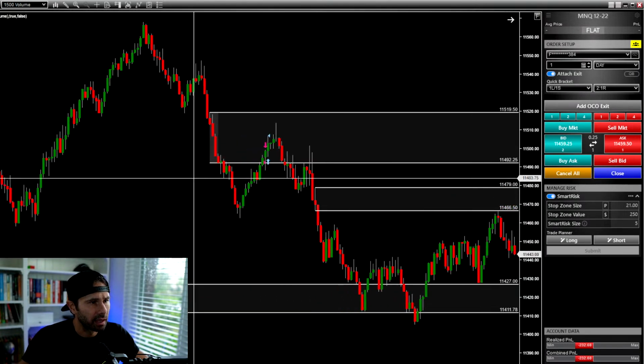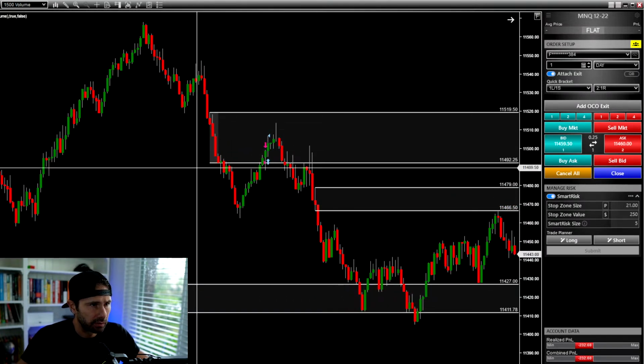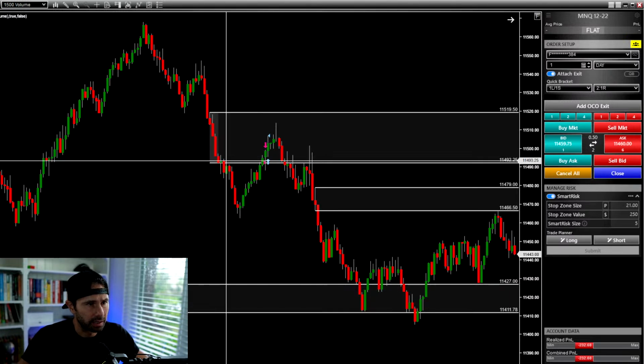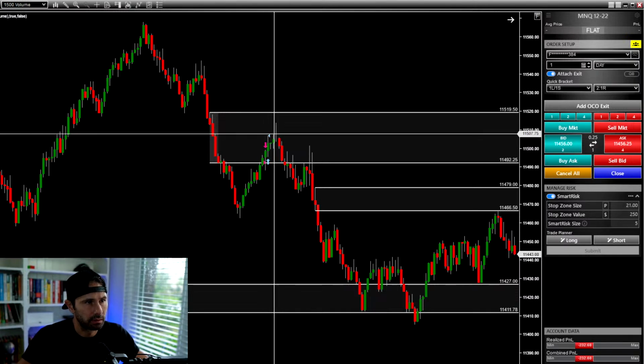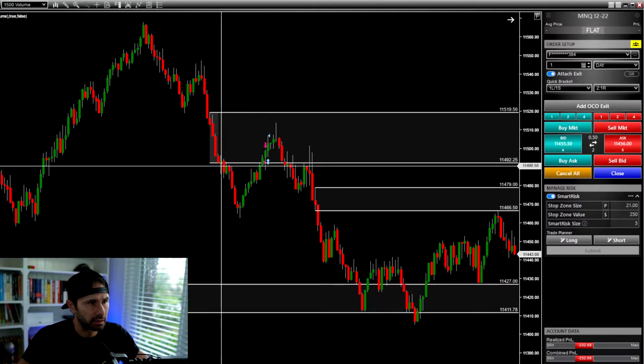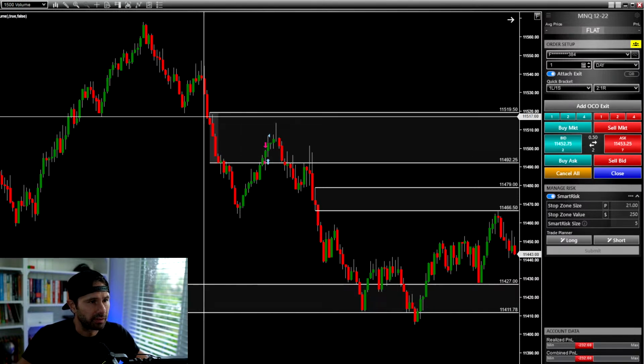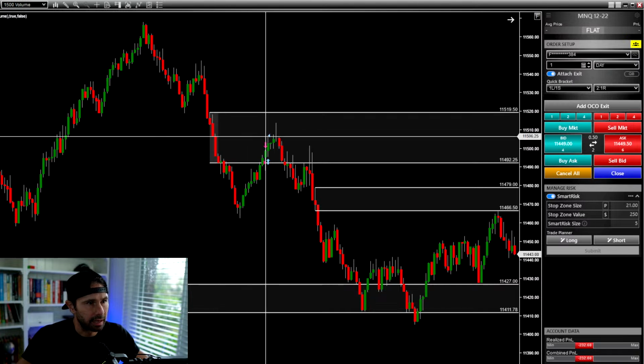So my mistake here, and I'm just pointing this out because it was not a bad trade by definition, it was a bad trade because my risk was not proper for the type of trade. So this is the entire area, and I cut it in half.